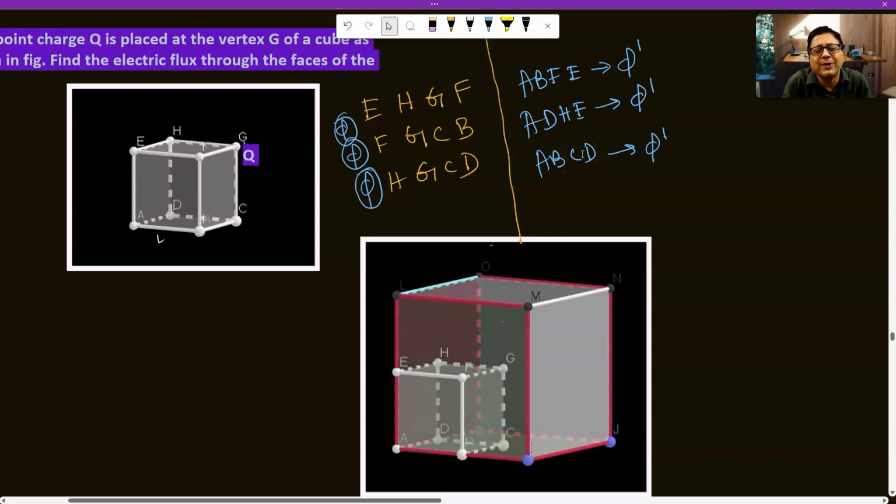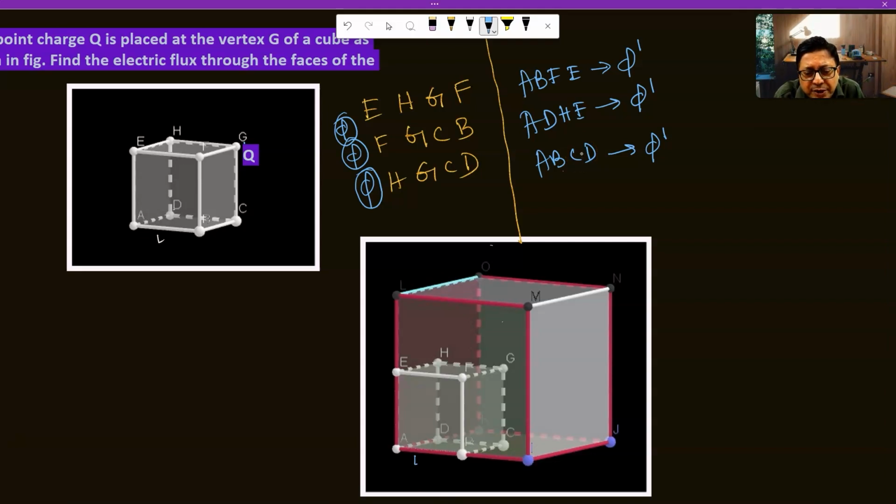The side length of the small cube is L, so this length is going to be L. I have kept the small cube of length L inside this big one. You understand what I said? How did I keep it there? I just enclosed this cube by putting one cube here that you can see, one cube this side, one cube this side, one cube this side, one cube above, so that it is enclosed fully by the bigger one.